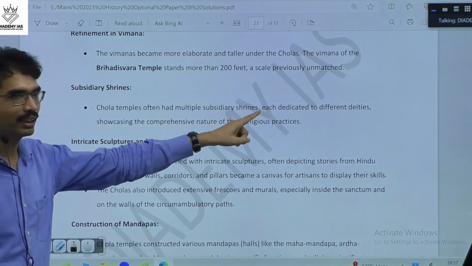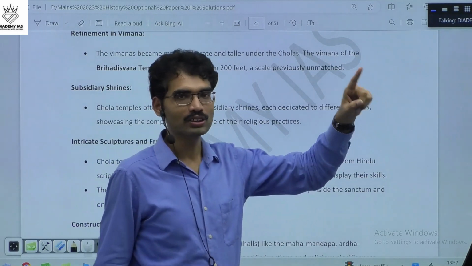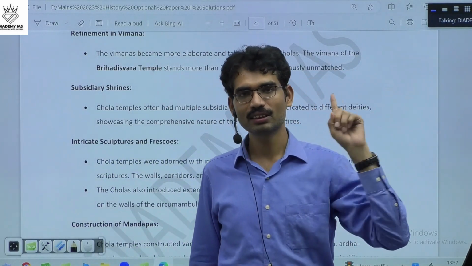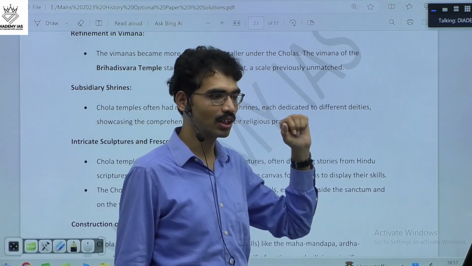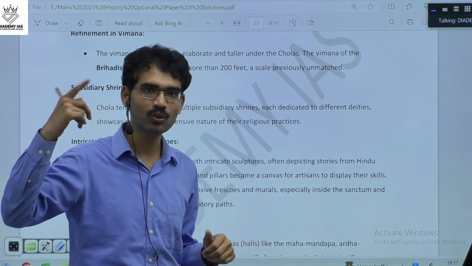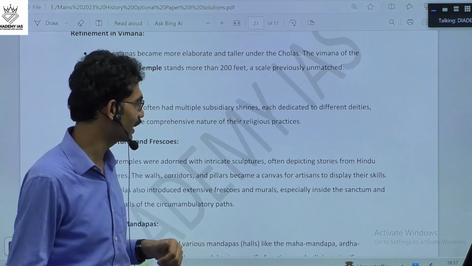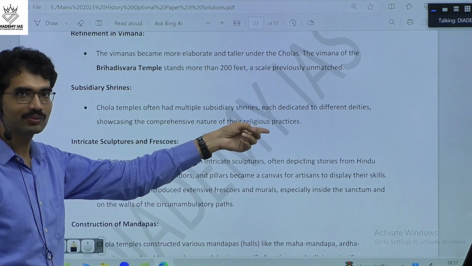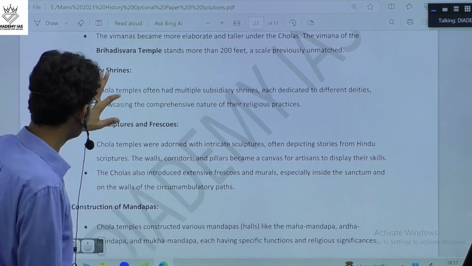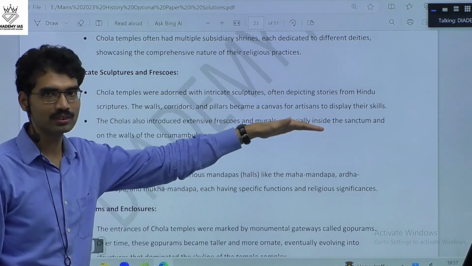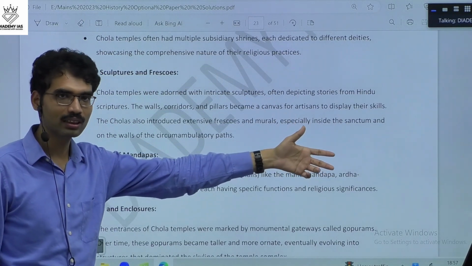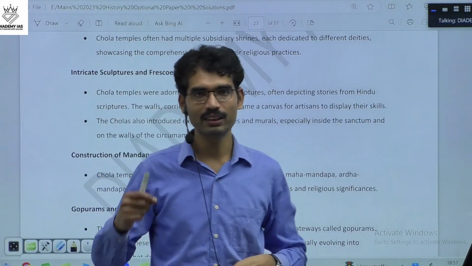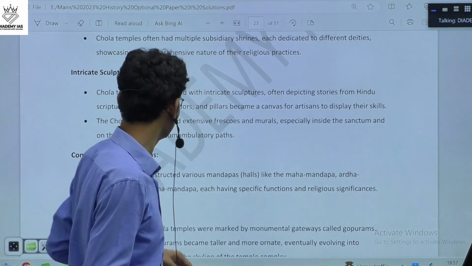So during this time period, now you will see Brihadishwara temple is a UNESCO World Heritage Site. It is not only the heritage of India, but of the entire world, a UNESCO World Heritage Site. And that shows the kind of grandeur and size. Intricate sculptures and frescoes, different sculptures were carved out and different paintings were also painted.